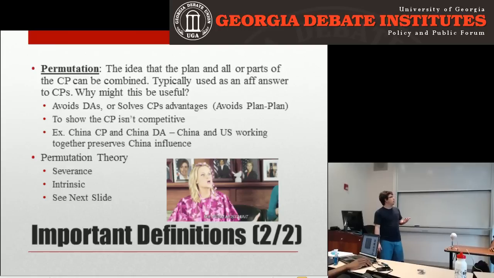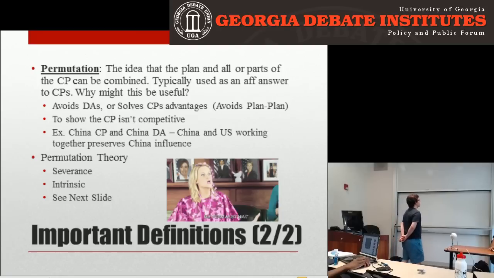And so you could just say, well, if China and the U.S. do it together and engage together, then that same benefit of China acting is resolved by the permutation, right? There are obviously answers the negative has to that, but you can at least resolve some of those net benefits.